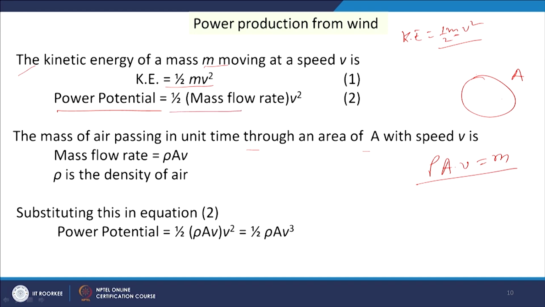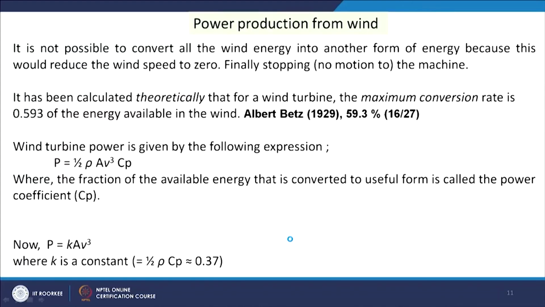So, in this expression, half m v square, with m equal to rho into A into V, and V square, we are getting half into rho into A into V cube, where A is a constant for this particular A. This is our power potential, half into rho into A into V cube. Now, the power potential which is available in the wind will not be completely converted, because after getting resistance at the blade the wind will not reduce its velocity to 0.